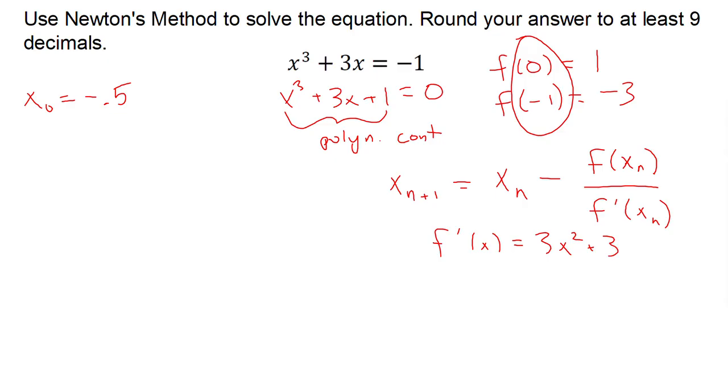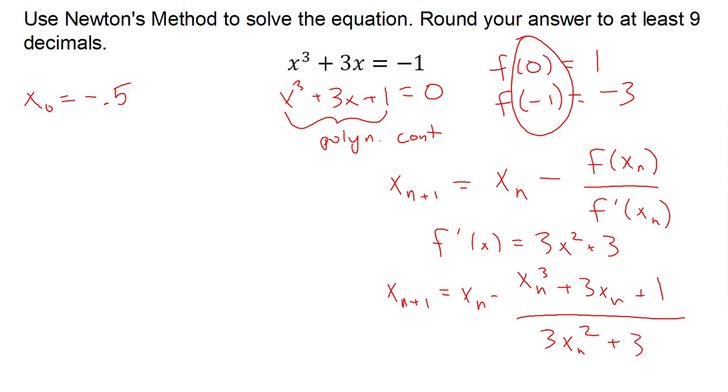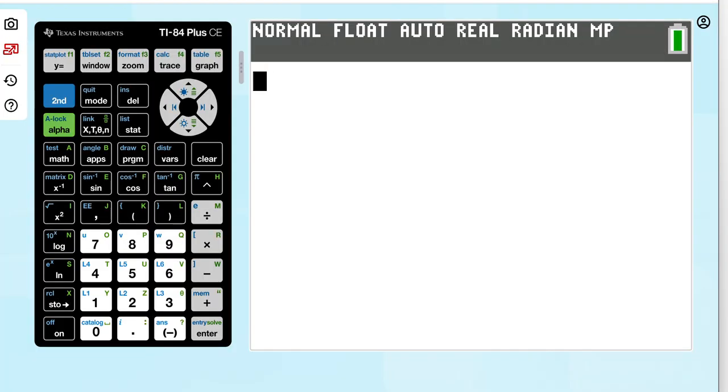And so what we'll do is we'll just put this into our formula, that x sub n plus 1 is equal to x sub n minus f of x sub n, which is x sub n cubed plus 3x sub n plus 1, over 3x sub n squared plus 3. And what we're going to do is go to our graphing calculator here.